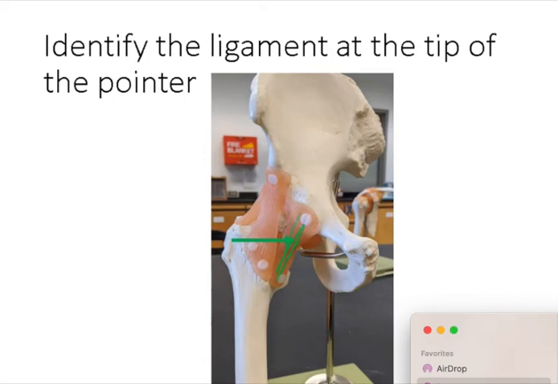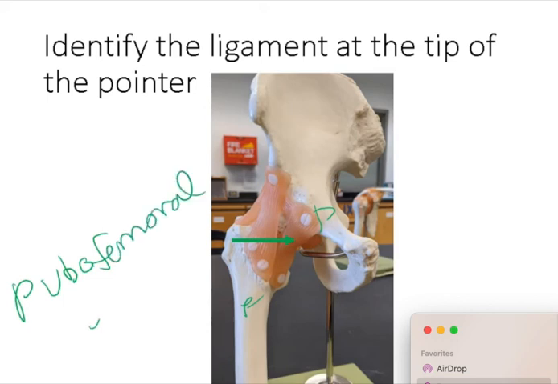And then this one here is attaching to the pubis, the very front of the pelvis. So it's connecting the pubic bone to the femur, so it'll be called the pubofemoral ligament. Okay, so pretty easy. Pubofemoral ligament.